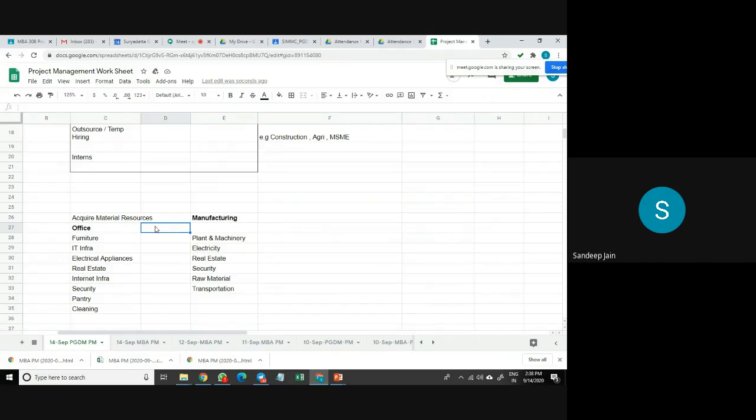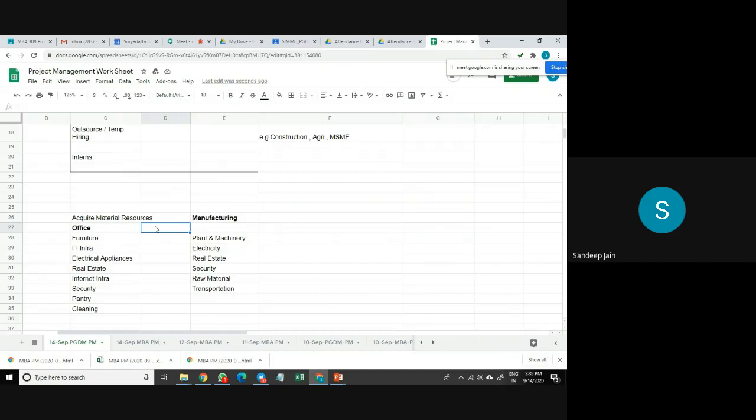So what happens when TCS opens a new office in Hyderabad? They will go with one of the buildings out here. Though TCS has done some investment in real estate, in a new city they may not go for that.